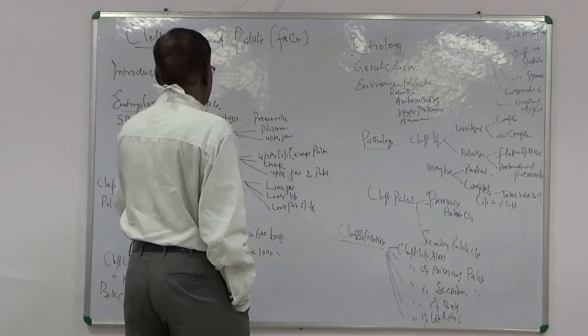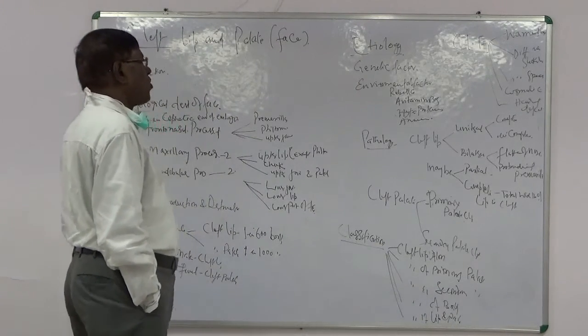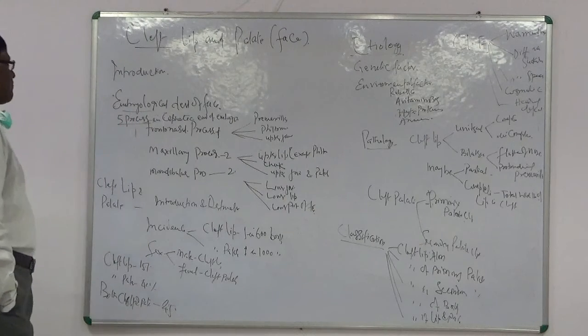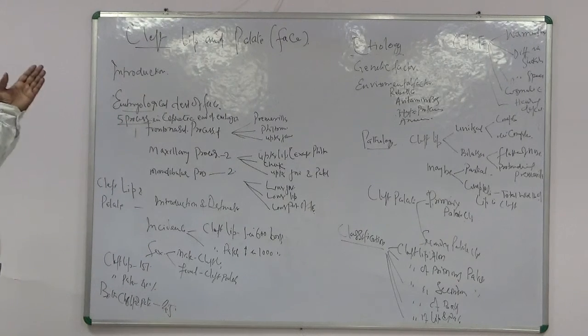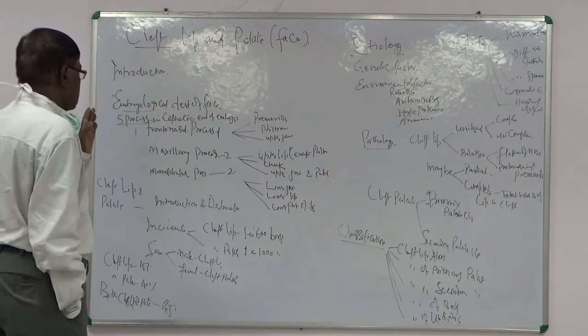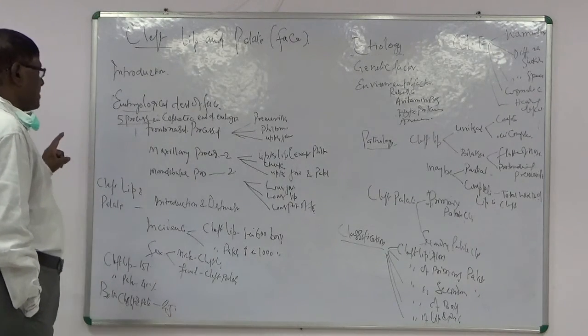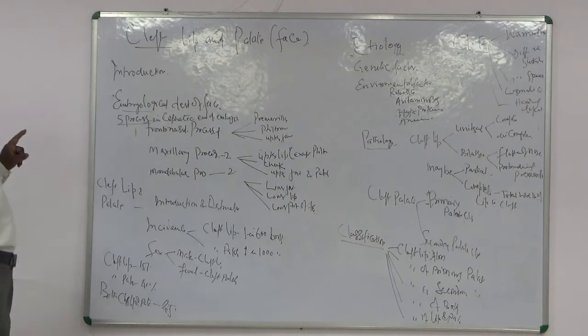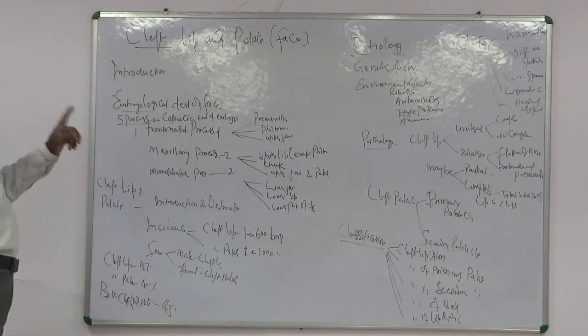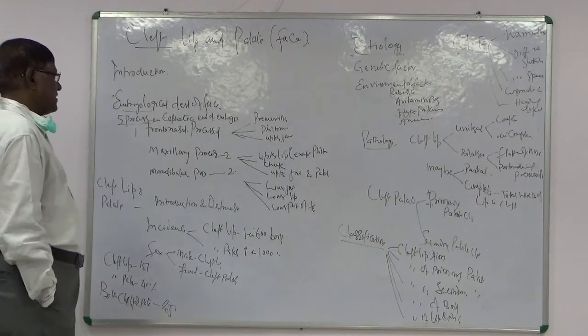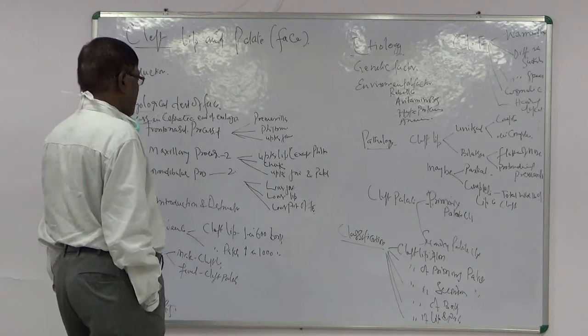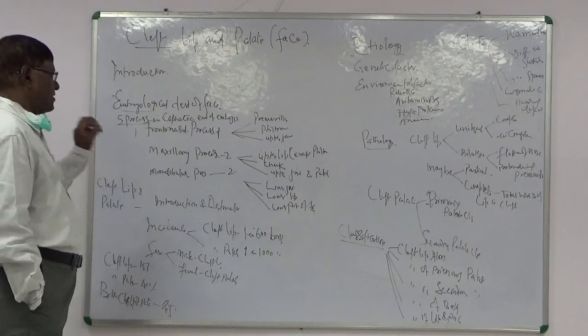So I would like to summarize the whole of the session. The development of the face takes place by the 5 processes, in the entire 6 weeks the development of the face begins, and at the cephalic end of the embryo, in the upper part, develops the primitive mouth.